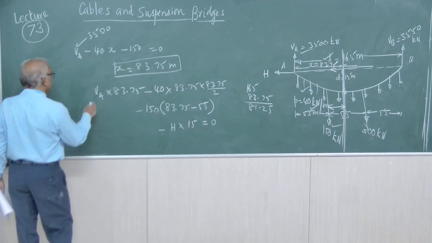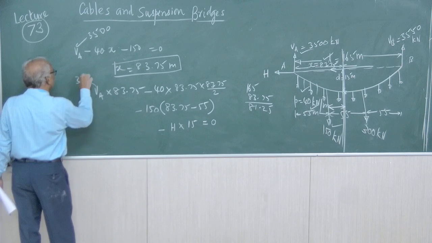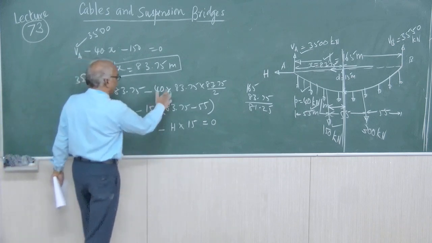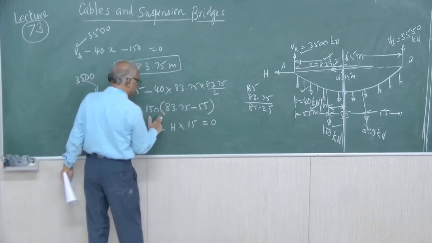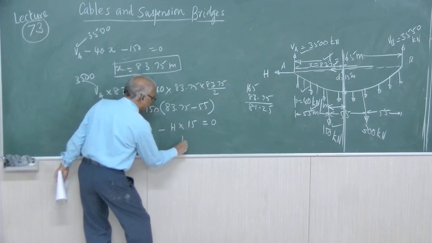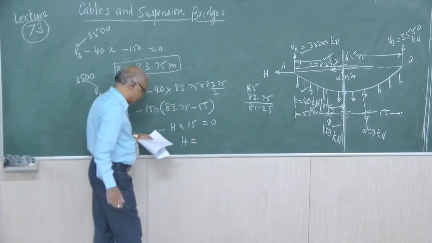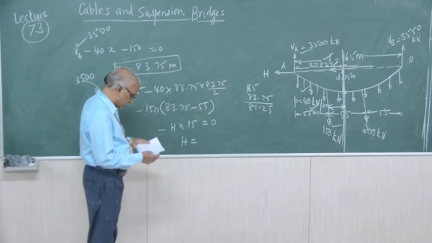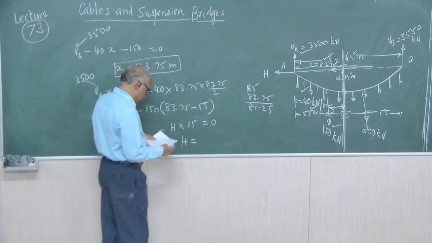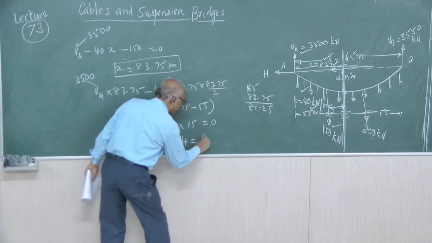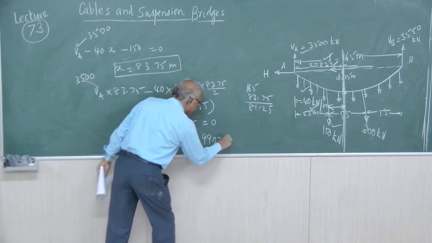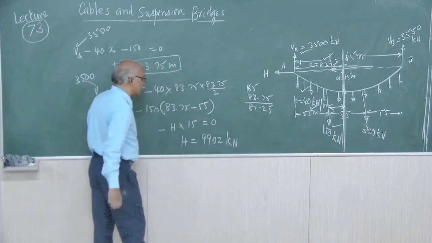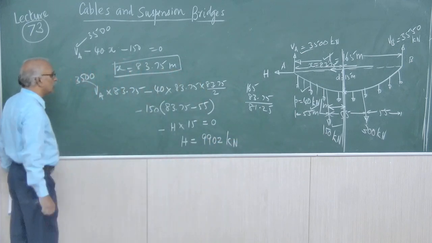Now VA is known, VA is 3500. So all other values are numbers except H. That will give you the horizontal tension. The horizontal tension equals 9902 kilonewton.